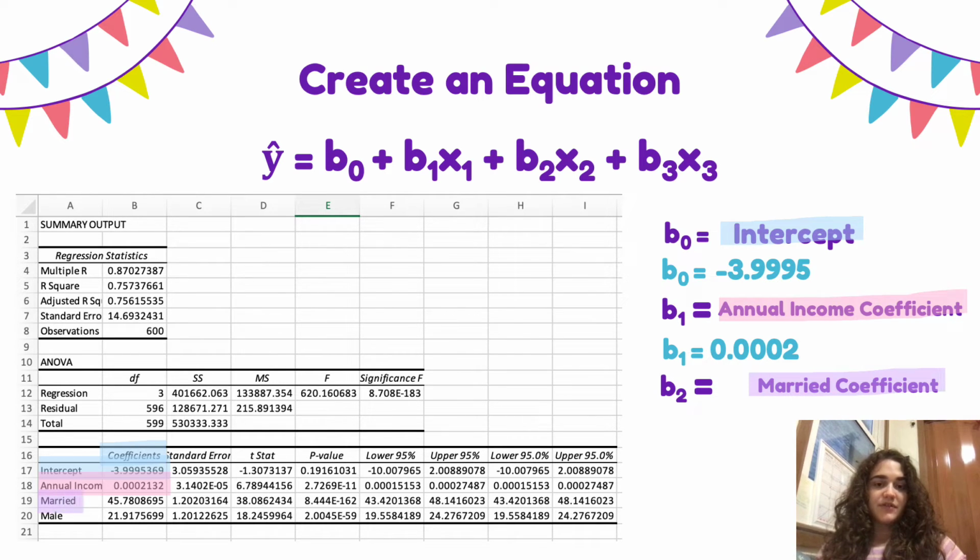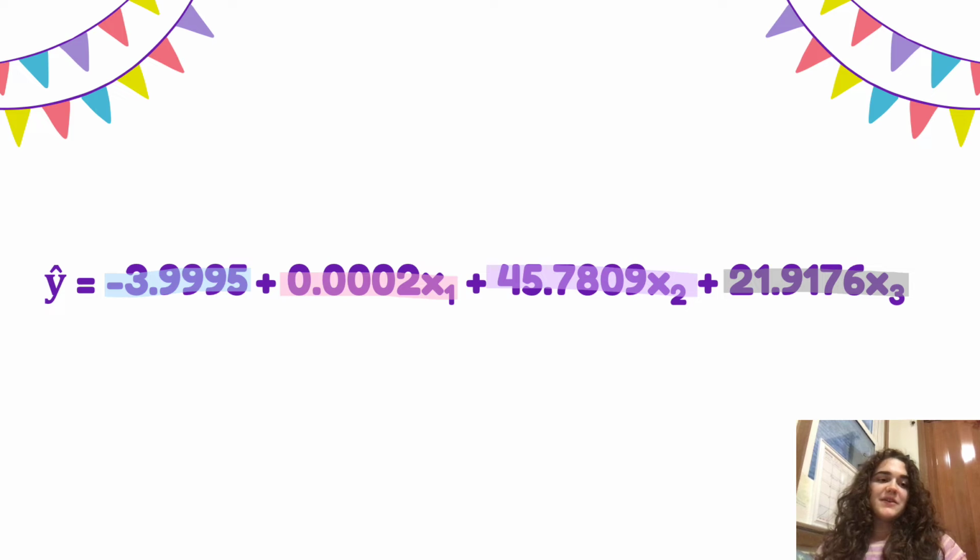That is the coefficient for marriage, so that would be a value of 45.780, and for b3, that'll be the male coefficient, which is underneath the married coefficient, which is 21.9176. So our final equation here is y hat equals negative 3.9995 plus 0.002 x1 plus 45.7809 x2 plus 21.9176 x3.